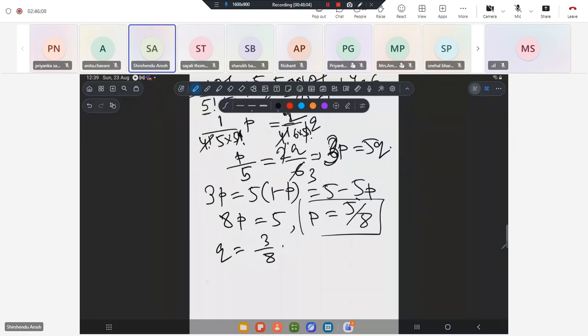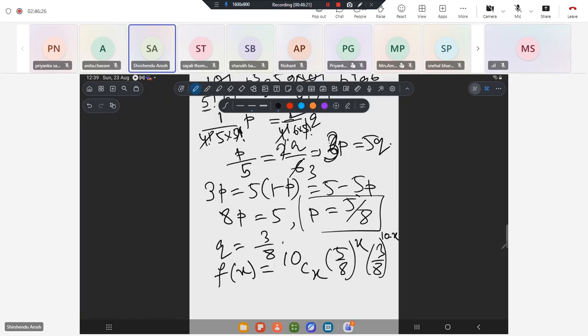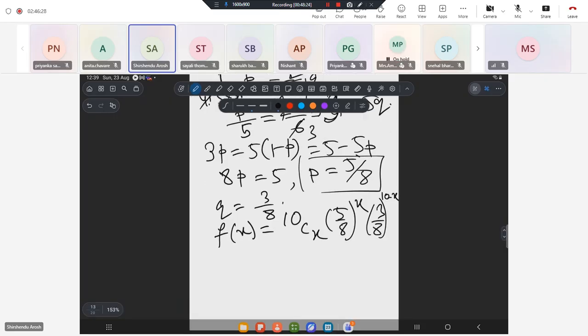So now the f(x) looks something like this: 10Cx (5/8) to the power x (3/8) to the power 10 minus x. Right. This is the formula. Now, what is expected at 10? So there should not be an even number. Even number should not come.